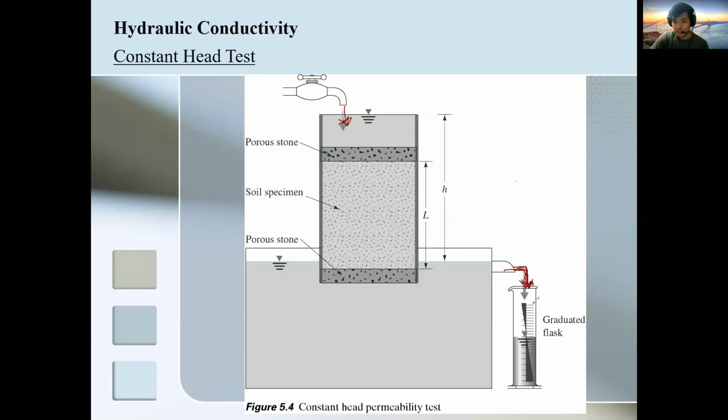Now, of course, in the laboratory experiment, for it to be easier, you can collect 500 ml, then you stop the time, or you run the time at 5 seconds, and whatever is the volume collected in 5 seconds is your volume. So you can either fix the volume or fix the time in determining the discharge or the flow rate.